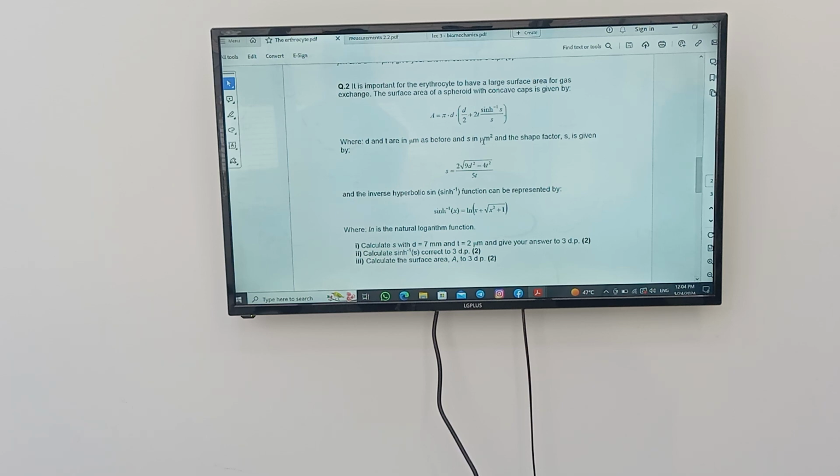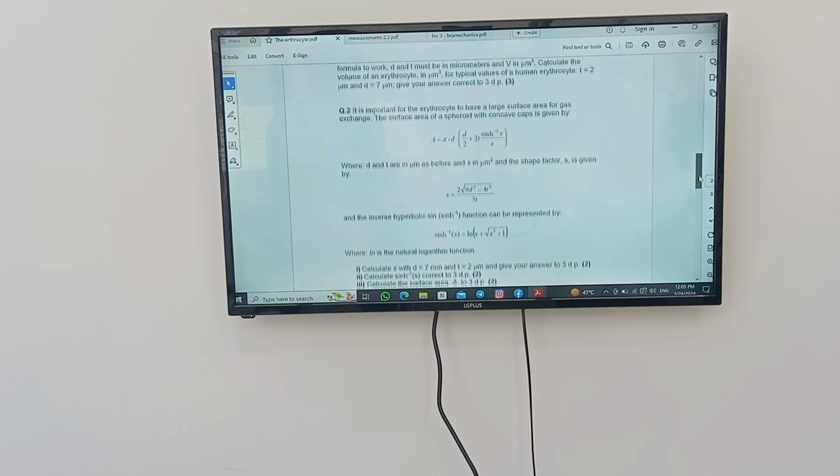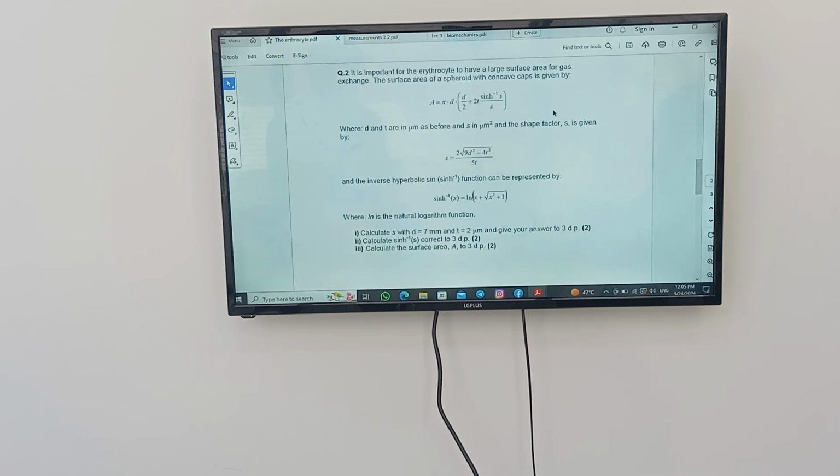The surface area of the spheroid with concave caps. Here we calculated the volume of the entire blood content of the RBC. The second equation is how do we measure the entire surface area of a spheroid with concave caps.